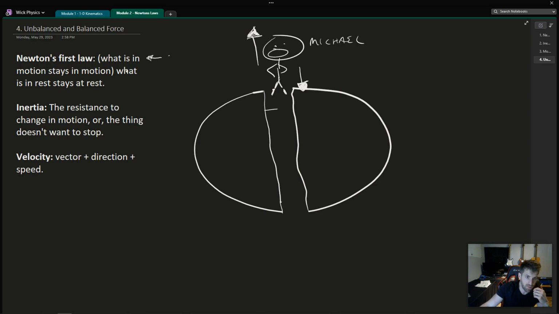Let's just say it's bounded by little platforms, if this were three-dimensional, somewhere where Michael can fall through.